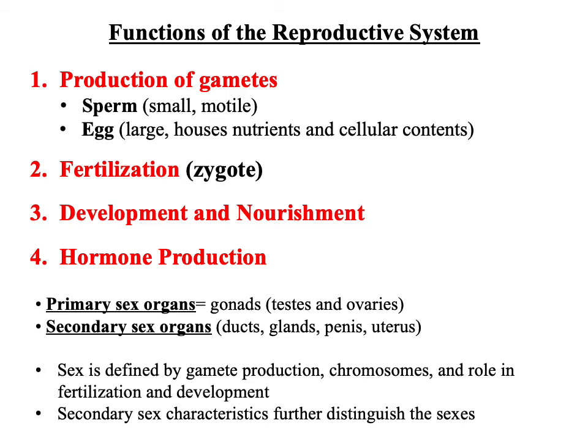And fertilization immediately results in a fertilized egg, which is called a zygote. So that's a single cell containing the DNA from both sperm and egg. And then that zygote is going to go on to develop into the multi-celled organism that we are.